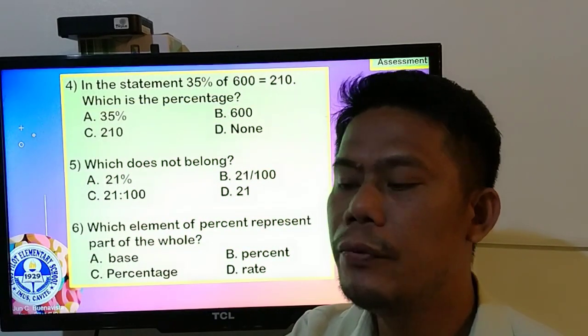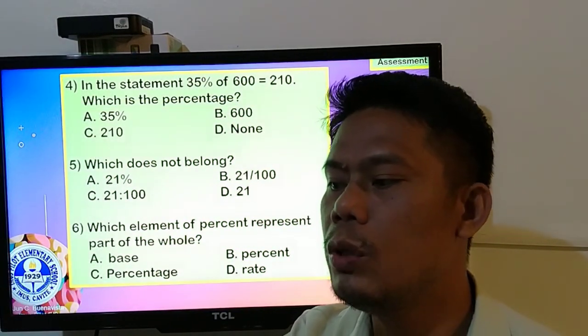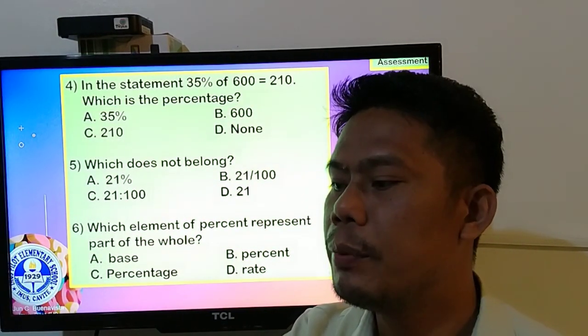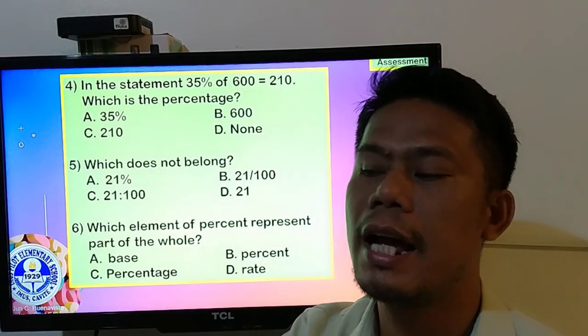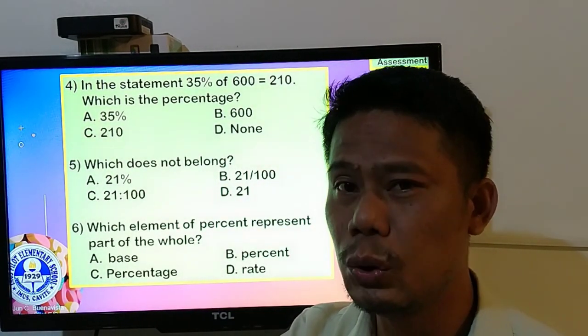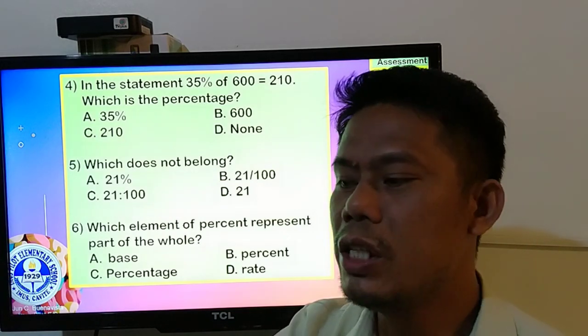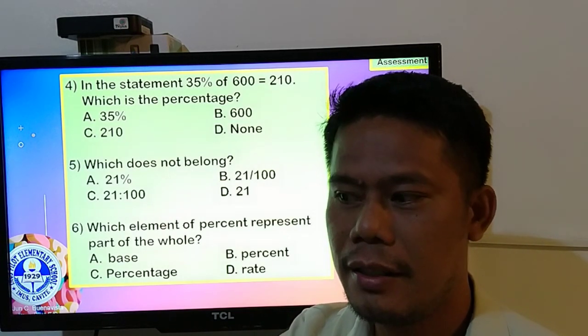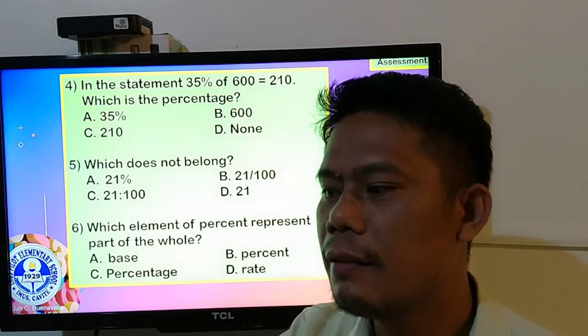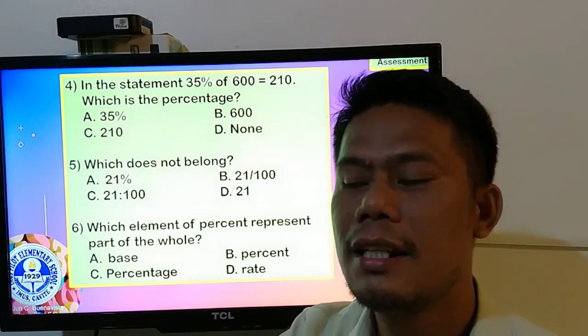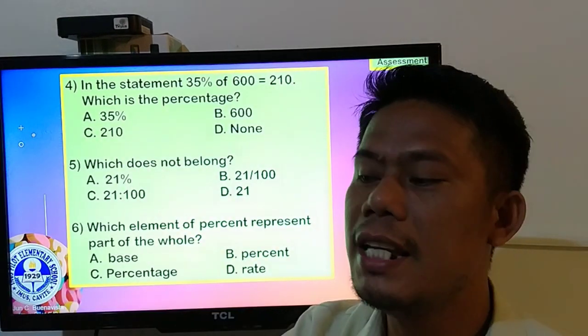Let's go now to number 4. In which statement 35% of 600 equals 210? Which is the percentage? A, 35%, B, 600, C, 210, D, none.